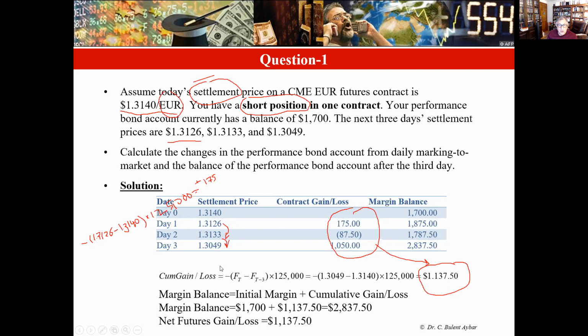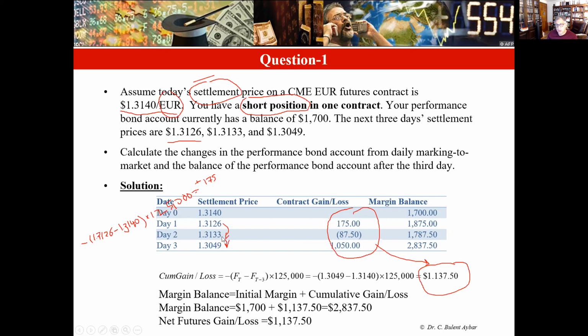If you want to do this on a day-by-day basis, we will have to go with 1 day at a time. So 131.26 minus 131.30 here times 125,000, which will give us 175.